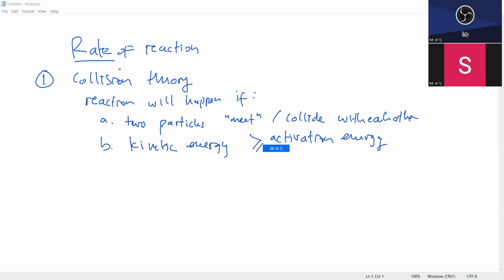Generally, we say higher than the minimum energy required. That minimum requirement, we call activation energy. Okay, now, based on this collision theory, we can then understand the factors that are going to affect the rate of reaction.